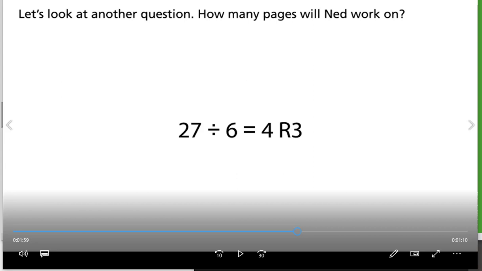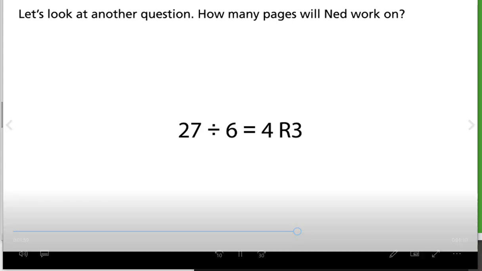No. He will fill 4 pages and he has 3 left over. So, should he need another page? No. What should he do with the 3 left over? Throw them away? No. So, he will need another page. So, how many pages? 5, because we add one more page. Excellent.